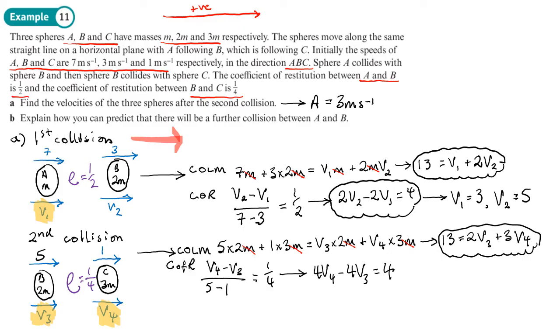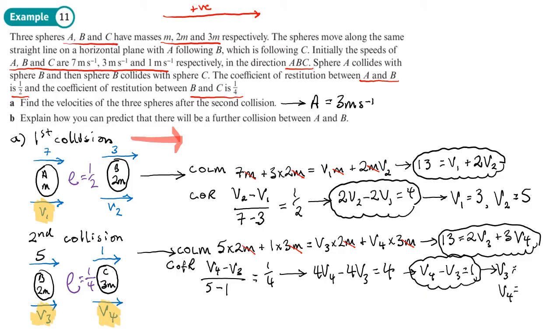Everything can be divided by 4, can't it? So that'll give me v4 minus v3 equals 1. So I'll now solve these simultaneously to get v3 and v4. Okay, I'm being lazy again.